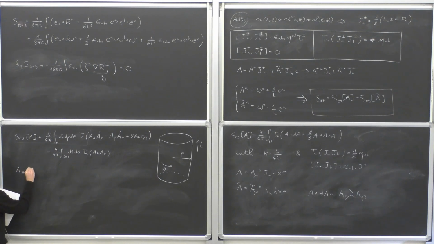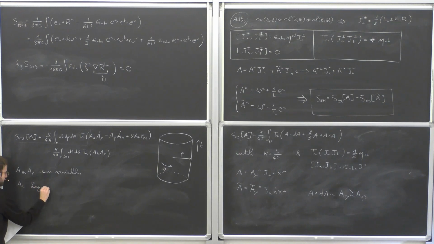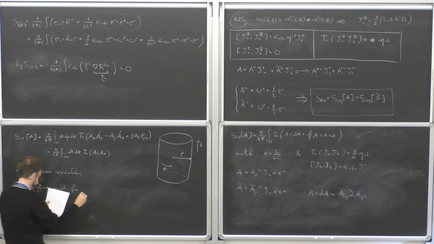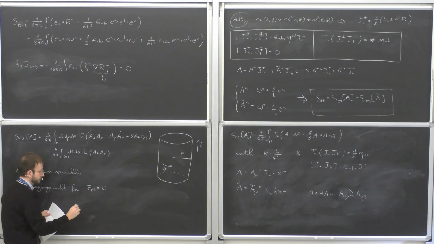So let me put here on this blackboard all the important things. A_θ, A_ρ are canonical variables, while A_t is a Lagrange multiplier for this particular constraint.